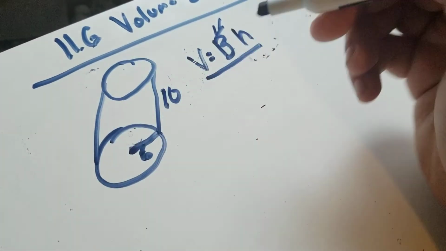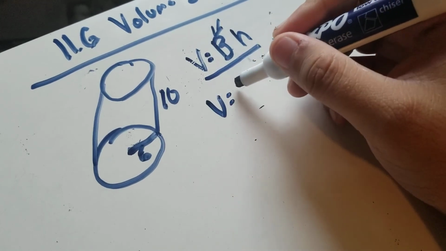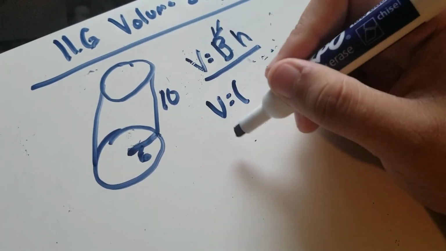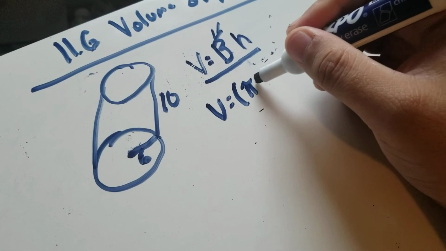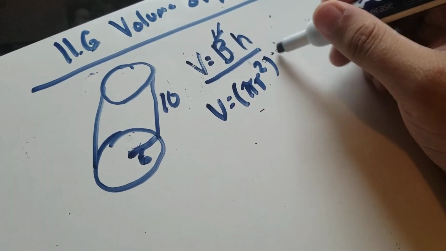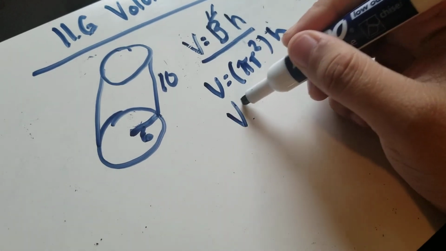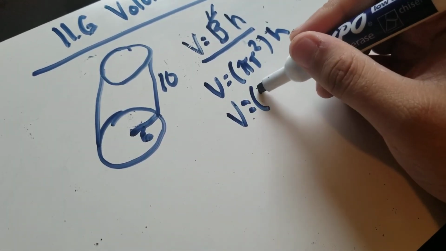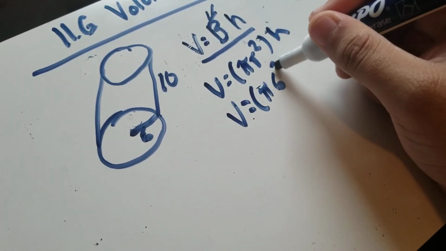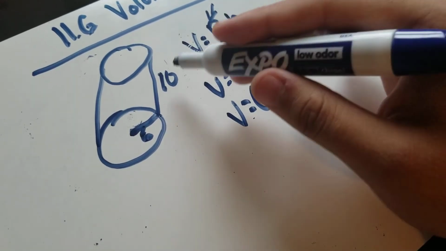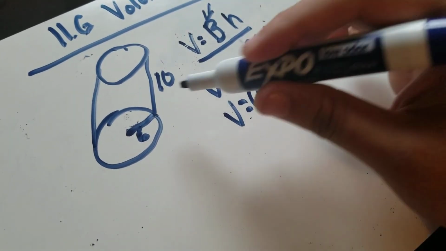What is the area of the base here? Well, remember, the area of a circle, which we did before, is pi r squared. So pi r squared h. Let's take the volume: pi times 6 squared, times the h in this case, which is 10. That 3D height is 10.